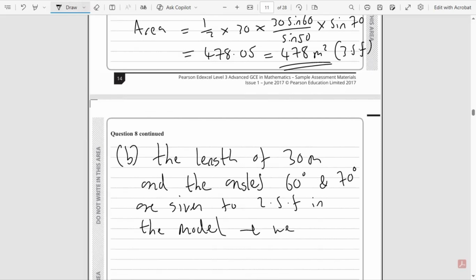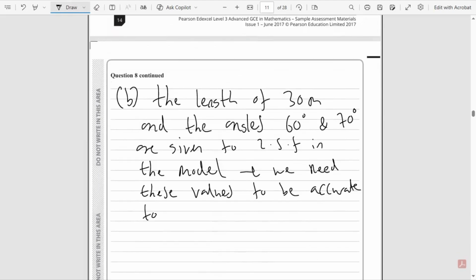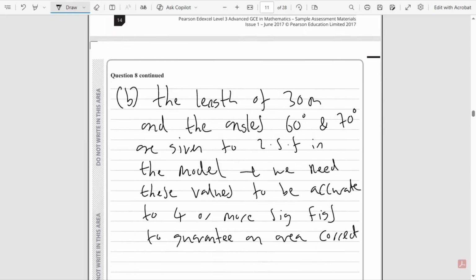We need these values to be accurate to 4 or more sig figs to guarantee an area correct to the nearest meter, which again was 3 sig figs, as we just said a moment ago.